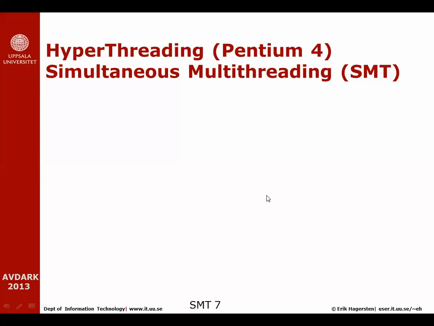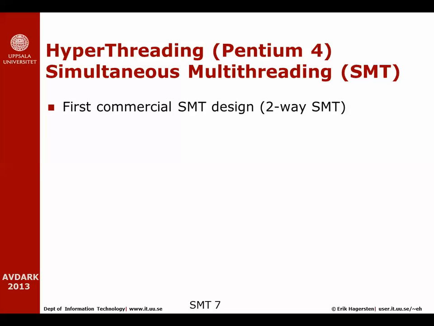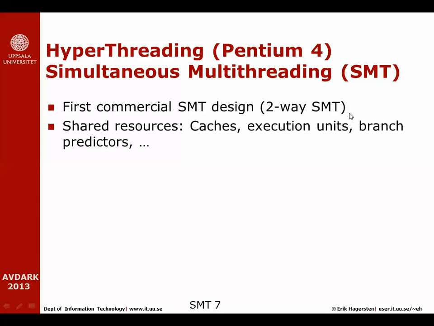So let's look a little more at hyperthreading, which is the first commercial version of simultaneous multithreading. That's when you actually mix and match instructions from several threads interleaved in the pipeline. It was a two-way SMT, similar to the yellow-red scheduling we saw before.